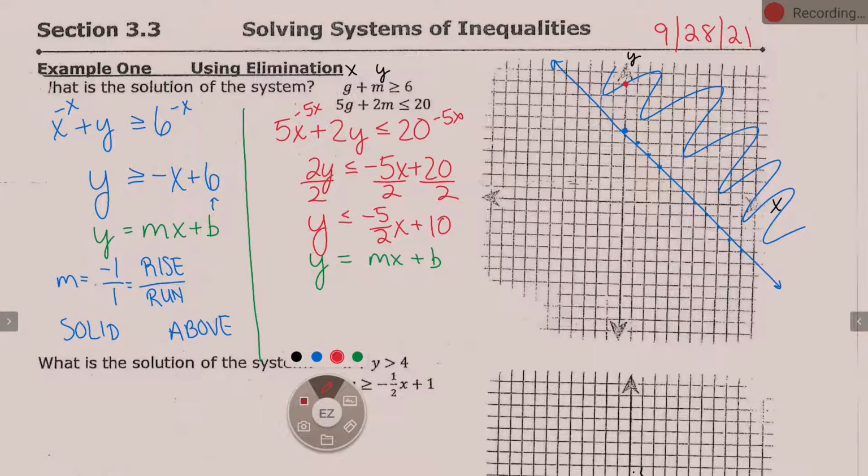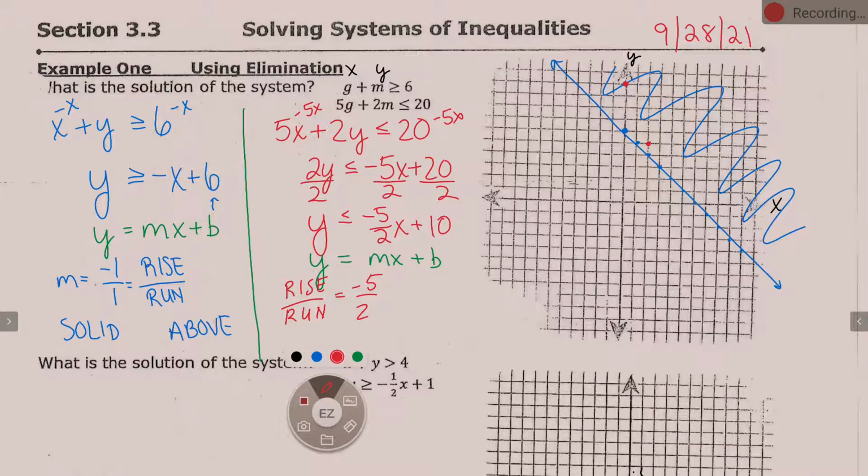Okay, so we went up 10. Now what am I going to do from that up 10? Now 5 right. Remember, rise over run. So if I put the negative with the 5, from there I'm going to go down 5 and run 2, which means I'm going right 2.